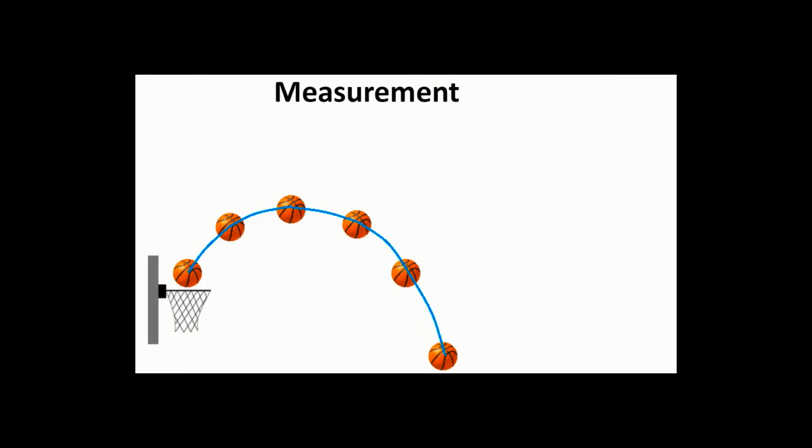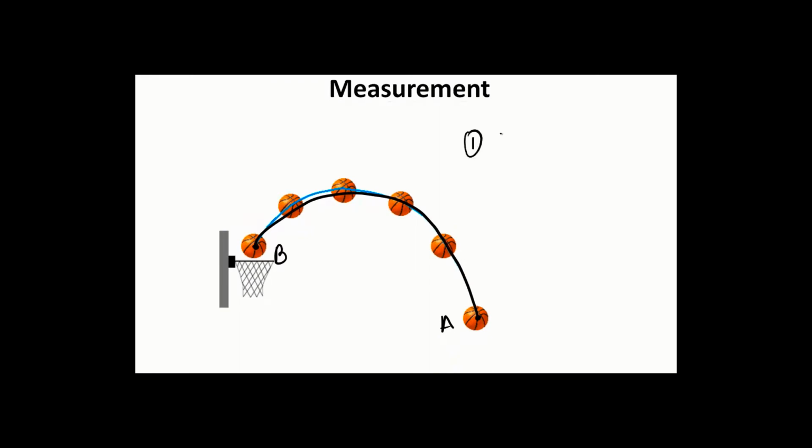So let's assume motion of something, and in this particular case motion of a basketball from this point A to some final point B, and this is the path of the motion. Let's say that you observe this event. What questions might you ask? The first question you might ask would be, how much length has it covered?